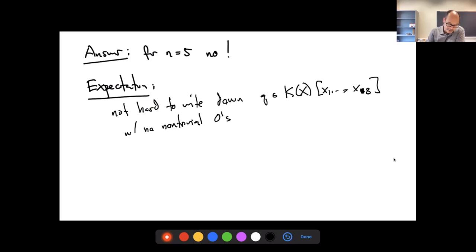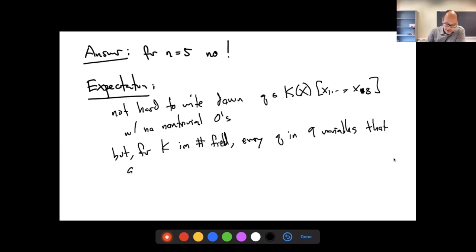On the other hand, for k an imaginary number field, every Q in 9 variables that anyone has ever written down has had non-trivial solutions.